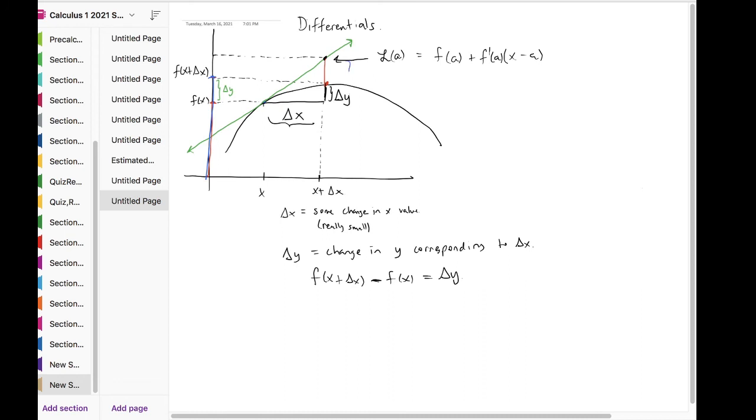This value, dy. So we're going to find dy to be the difference between our approximation and f of x. So you can think of it as the change of y in the tangent line.